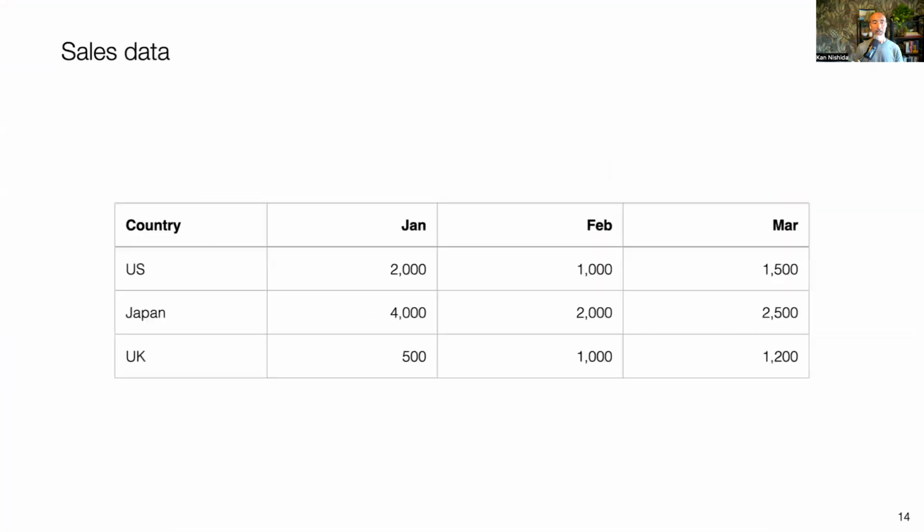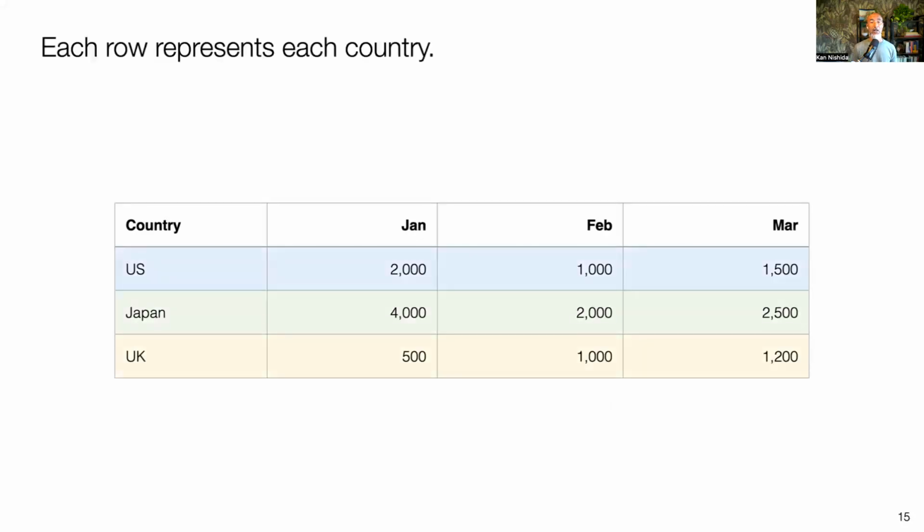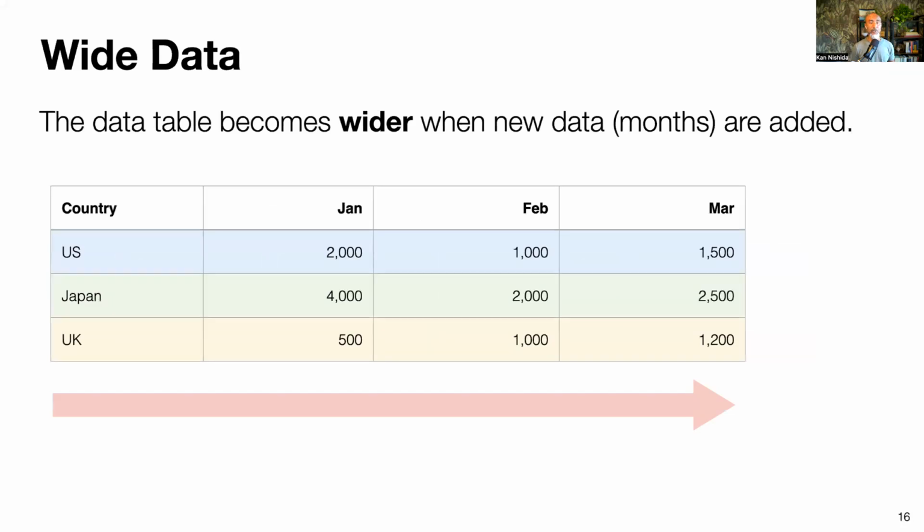So the problem is that the same data can be stored or formatted in various ways. Let's take a look at this one. This is sales data, similar to the CO2 emission data. Each row represents a country, each column represents a month, and the cells represent the sales number. This type of data is called wide data.